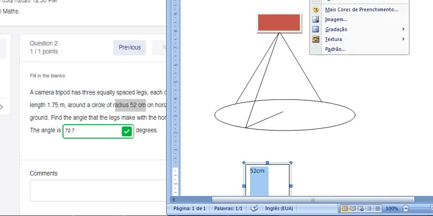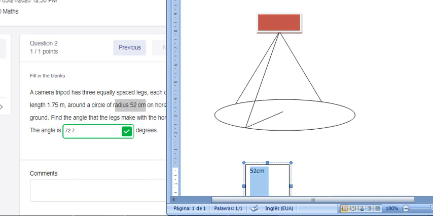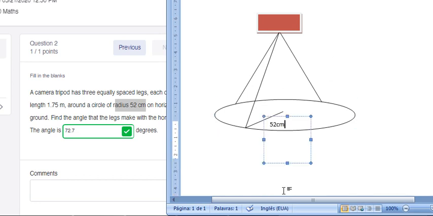Let me put here 52. This is the radius of the circle.